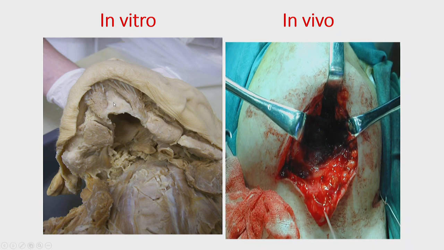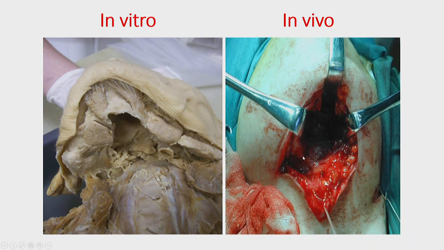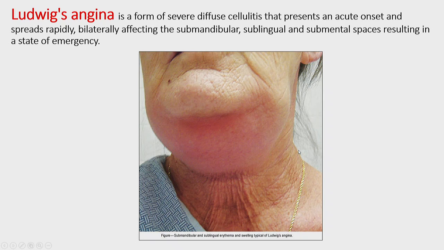So this is, for example, a dissection of the sublingual region. As you see, we are cutting the mylohyoid, and here is a patient that had a tumor in the sublingual region. So it's not that he died and we dissected; no, it's a different picture, yes? So what I wanted to say is that this is dangerous, it's called Ludwig angina.